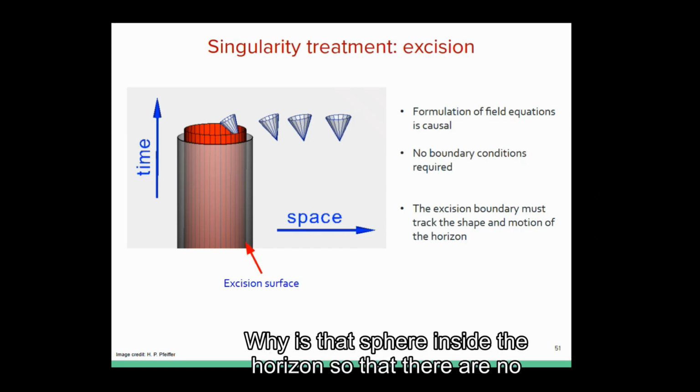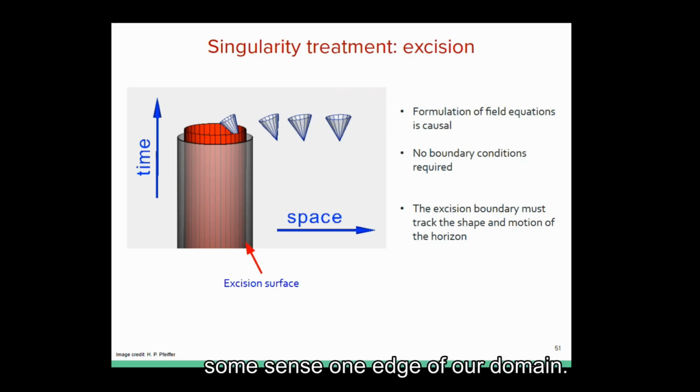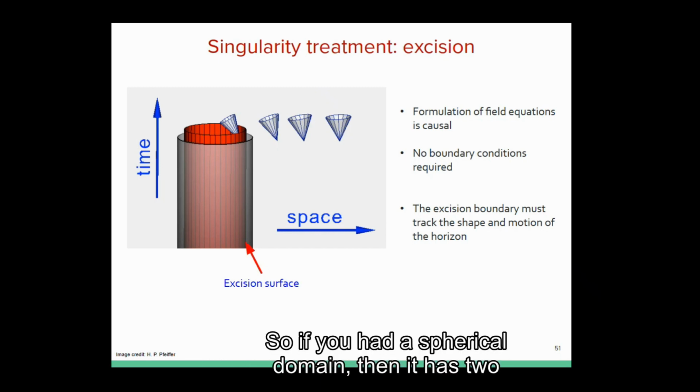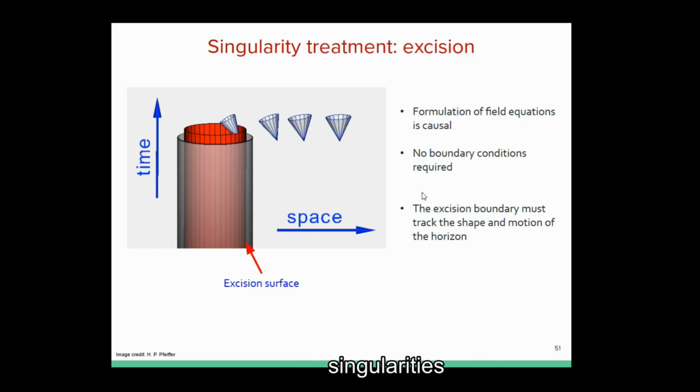Why is that sphere inside the horizon? So that there are no physical fields coming out of that. So that sphere is, in some sense, one edge of our domain. So if we had a spherical domain there, it has two boundaries now. The outer boundary and the inner boundary around the singularities. It's now a kind of cell.